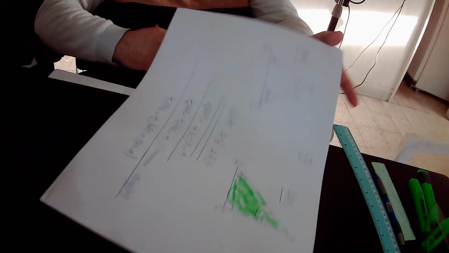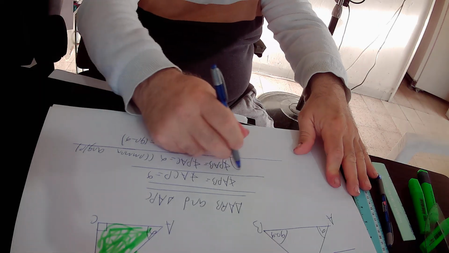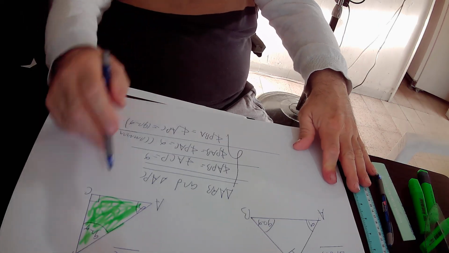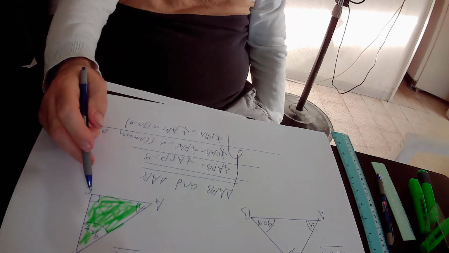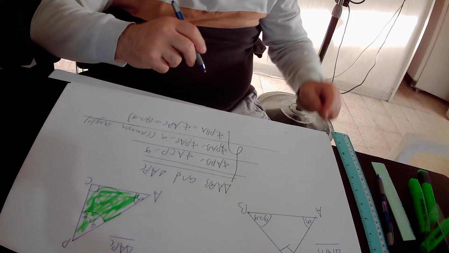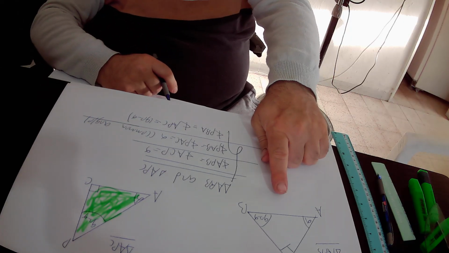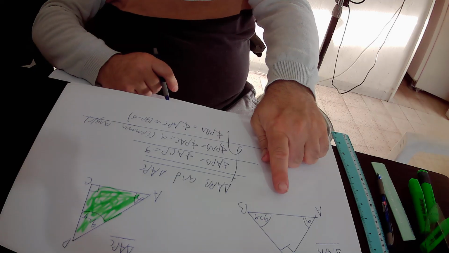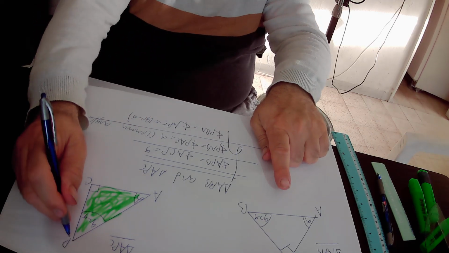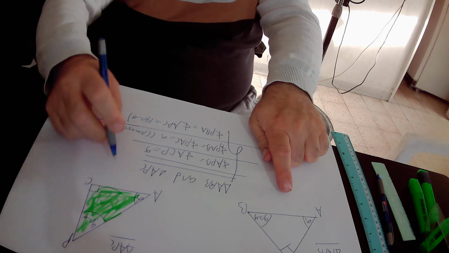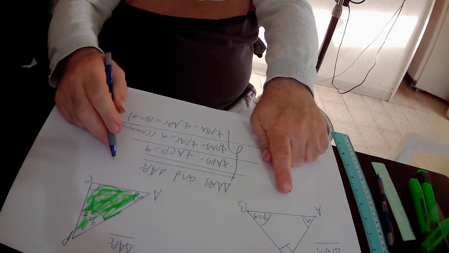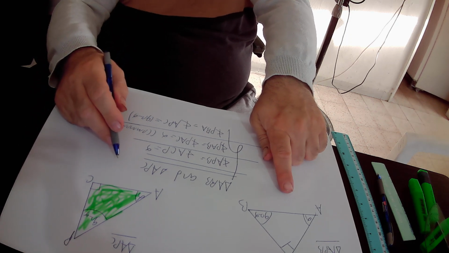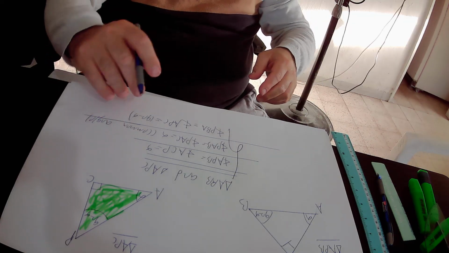So actually we proved that all the angles of this right green triangle APC are correspondingly equal to all the angles of this right triangle APB, and therefore we proved that those two right triangles are similar to each other according to the angle similarity rule. So I write it down.